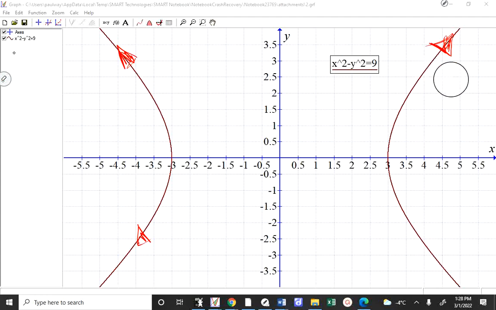What if I intended this to be the point here? Why can't I just say find the slope of the tangent when x is 2.5? Because there's another point where x is 2.5 over here. So what do you need to know to locate a point? You need to know both numbers, don't you? Which means the derivative is going to contain an x and a y. It has to.